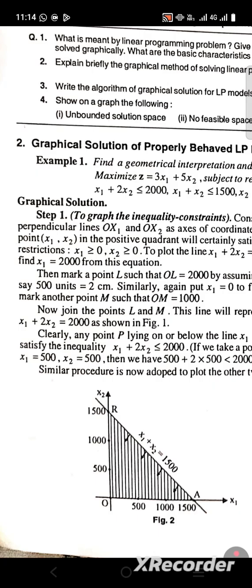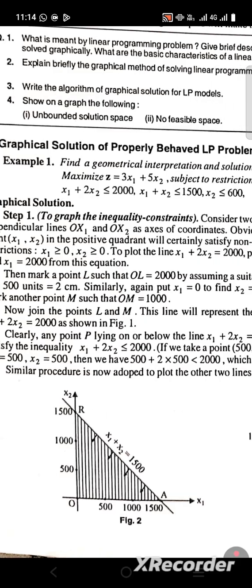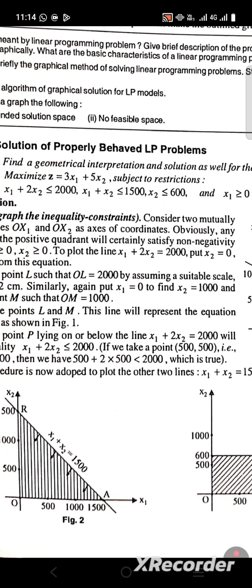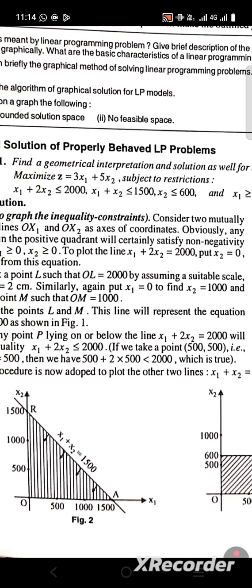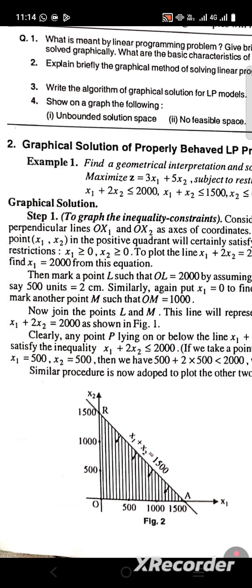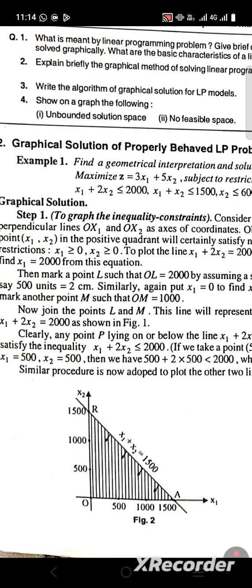First we solve the constraint x1 plus 2x2 less than or equal to 2000 and plot this line on the two perpendicular coordinate axes OX1 and OX2.